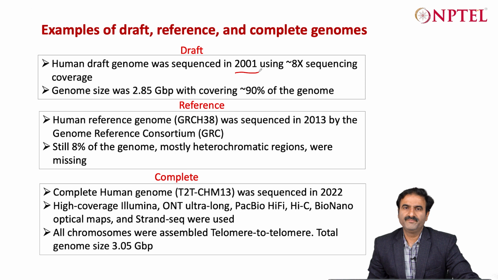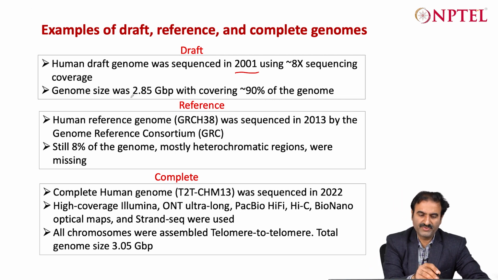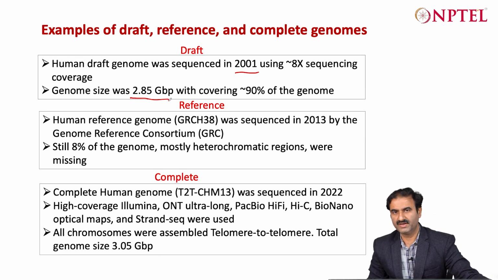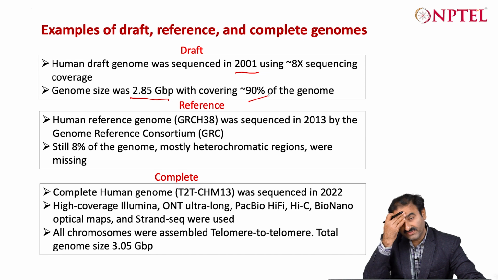Only a fair idea was available that humans had 23 pairs, or 24 types of chromosomes. With that, the genome size was 2.85 billion base pairs, and that covered almost 90% of the genome.